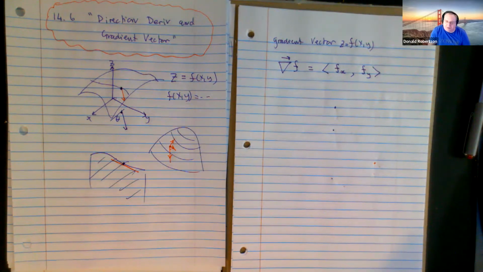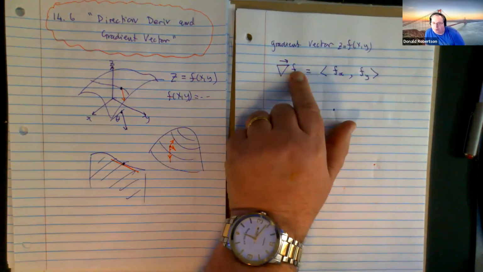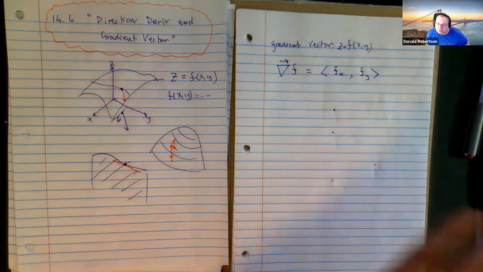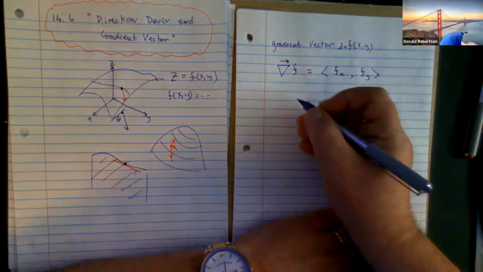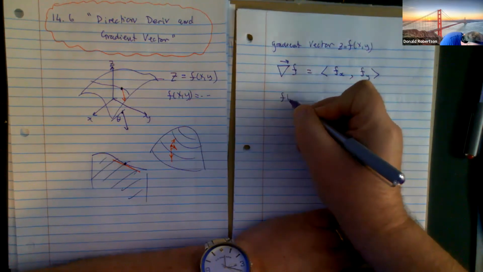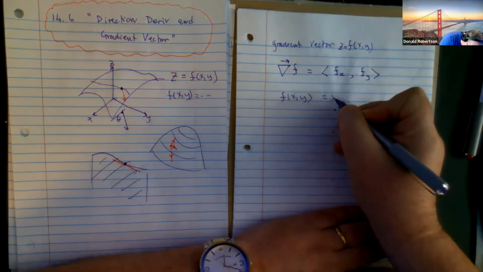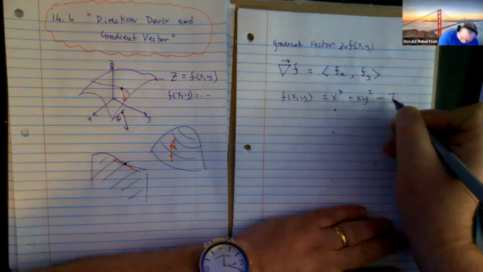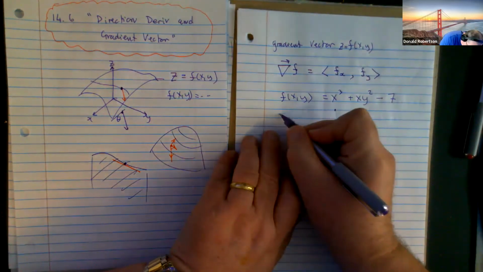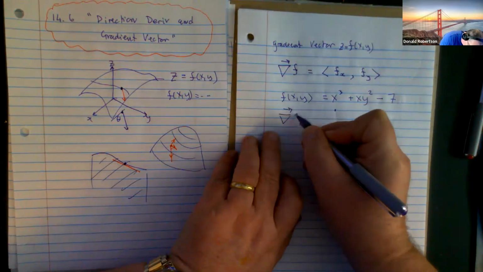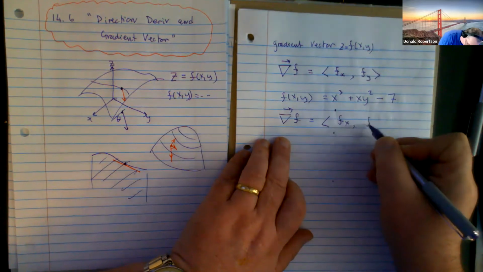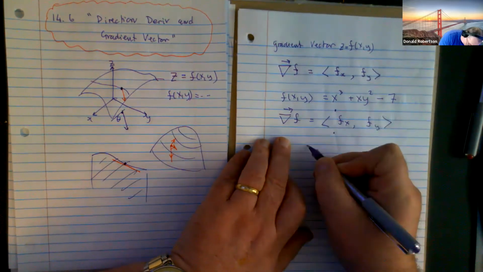Right. Now, let me just do a couple of examples of finding gradient vectors. Not worry about this yet, just finding some gradients so we get comfortable with them. If my function was x cubed plus x y squared minus 7, just for argument's sake, then my gradient vector would be the partial derivative with respect to x, comma, the partial derivative with respect to y.